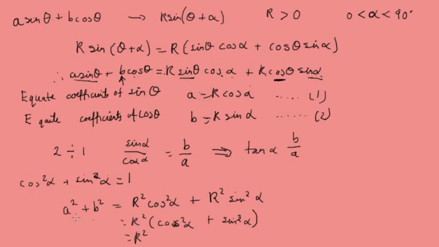So r squared must be equal to a squared plus b squared, therefore r must be equal to the square root of a squared plus b squared.